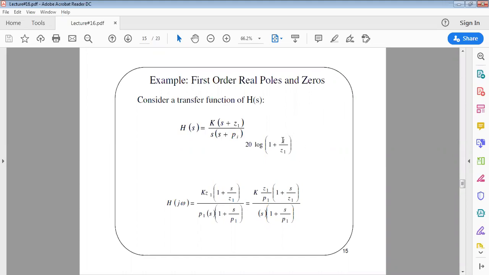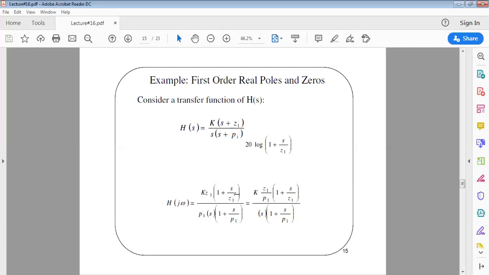Please ignore these terms here; there is no effect of these terms. Based on this H(s), there are 4 terms to be considered: a constant K, a zero at z1, a real pole at p1, and a pole at the origin.